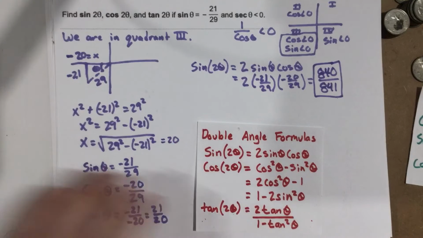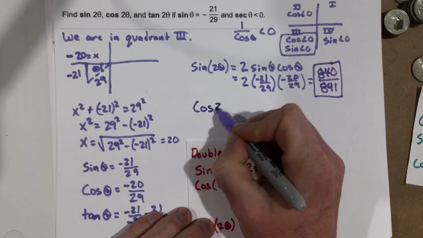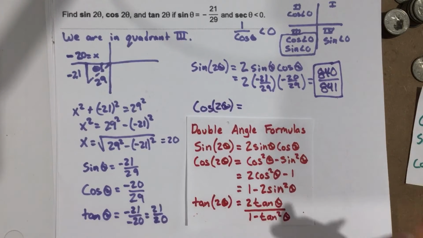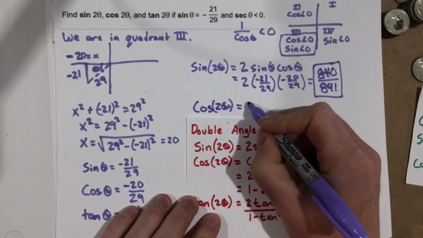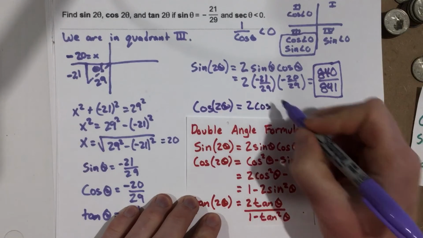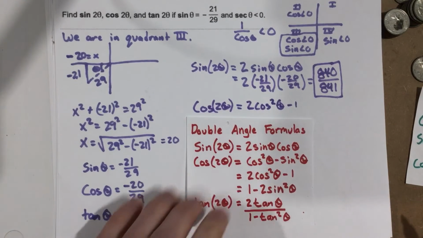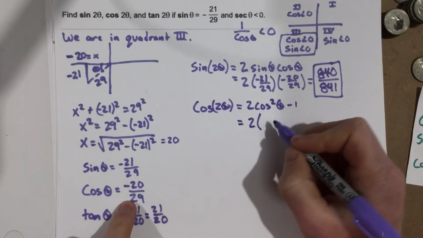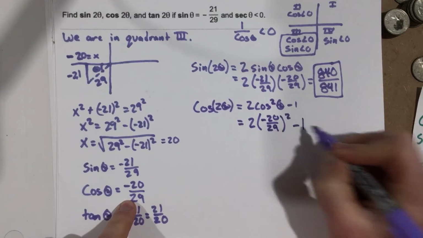So then we're going to go to cosine 2 theta. Now I got some choices to make with cosine 2 theta. And it really doesn't matter which one you choose usually. For me, I like to go with the middle one. I like the middle one for some reason. I don't know why. But 2 cosine squared theta minus 1 is the one I'm going to choose. So I'm going to go ahead and say equals 2 times negative 20 over 29 squared minus 1.